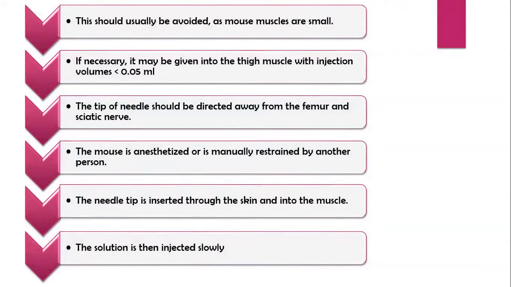If necessary, it may be given into the thigh muscle with an injection volume less than 0.05 ml. The tip of the needle should be directed away from the femur and sciatic nerve. The mouse is anesthetized or manually restrained by another person. The needle tip is inserted through the skin into the muscle and the solution is injected.